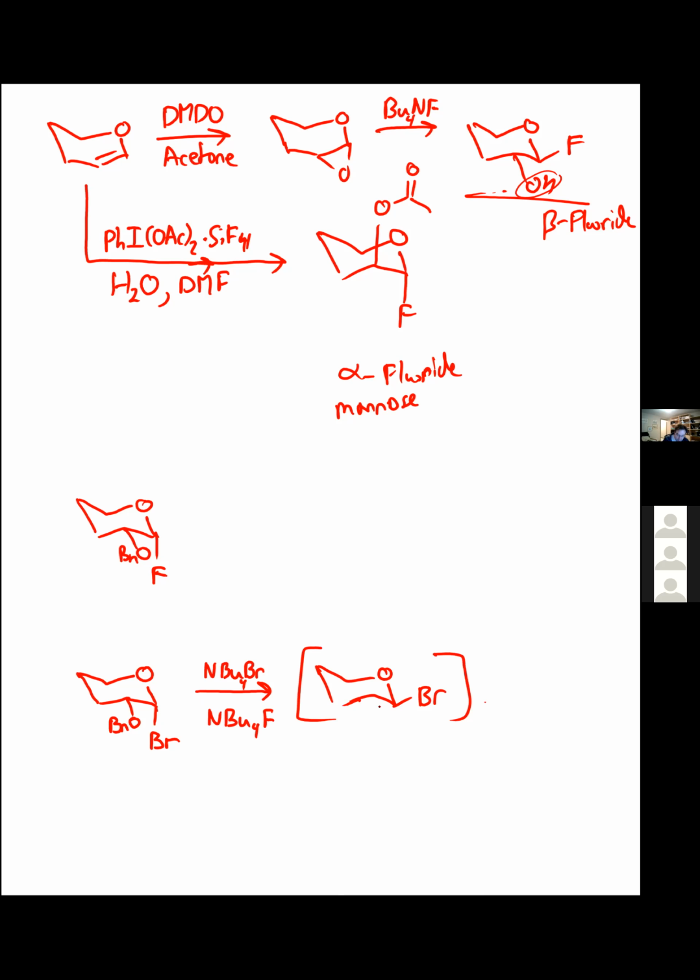So it would have made the beta bromide momentarily. We know the beta bromide is a lot more reactive than the alpha bromide. That's how all that chemistry works. And then the fluorine would come in and displace that and make the alpha fluoride. I'm not 100% sure this has been done, but it'll work.